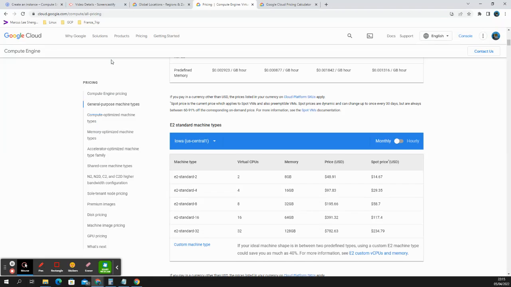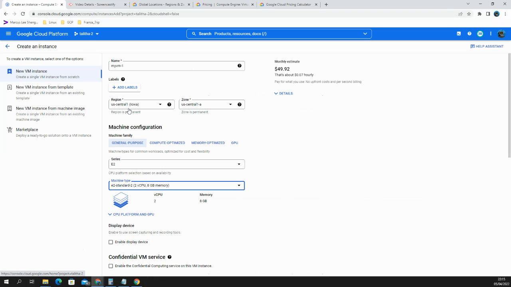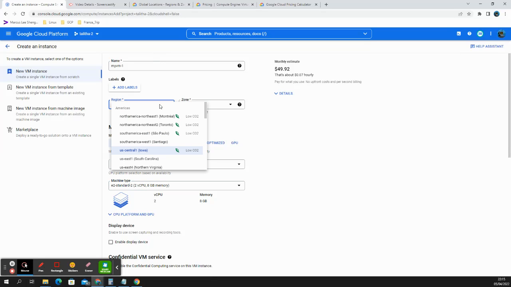Okay, so the region I chose here is US Central 1, US Central 1A, which is considered one of the cheapest of all the regions possible. If you look down here, it's got all the regions. And interestingly, it's got this low CO2 icon, which suggests that the energy it uses is very minimal compared to the others.